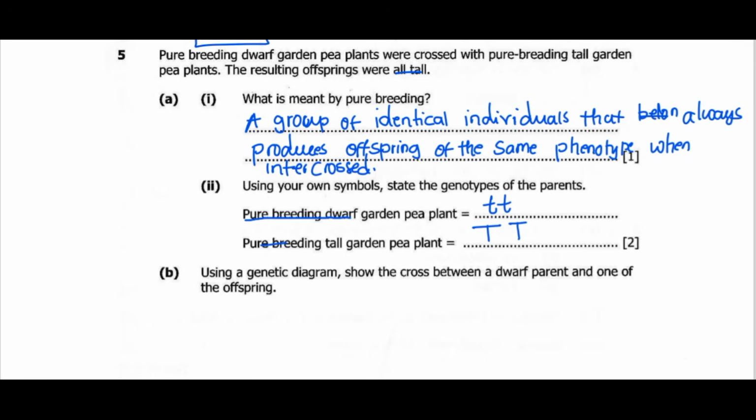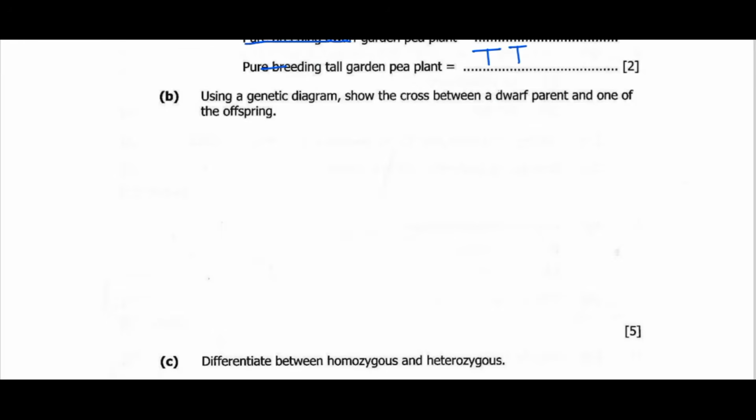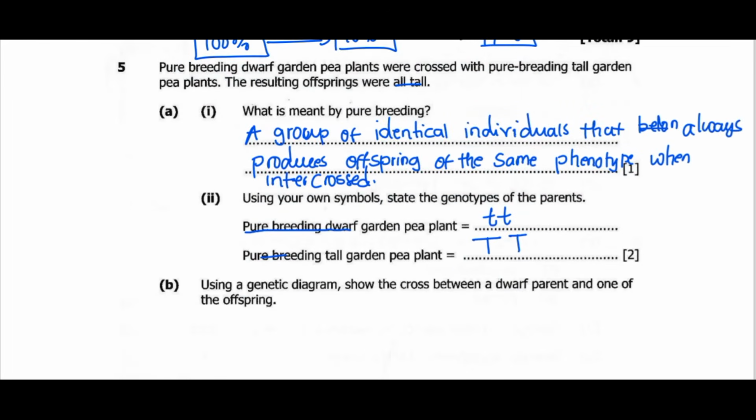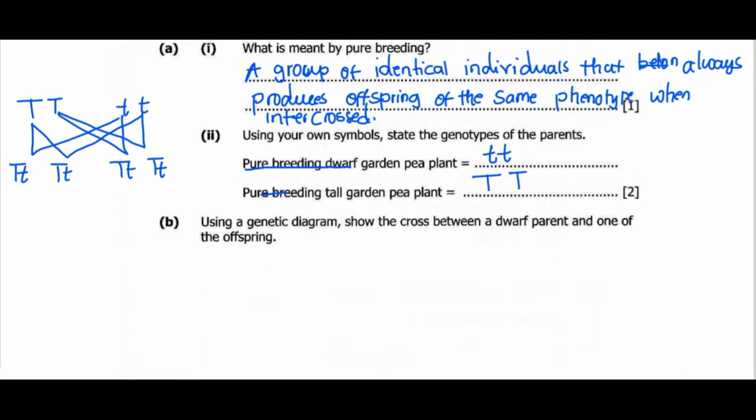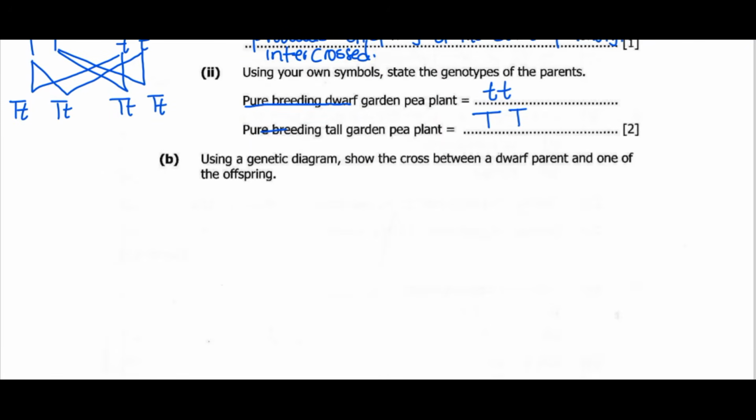This means that the small letters did not express themselves in the offspring. Then using a genetic diagram, show the cross between a dwarf plant and one of the offspring. Okay, so first, before we go to this one, we know that if we cross, the offspring will be heterozygous. So at least we have an idea of the genotype for an offspring.